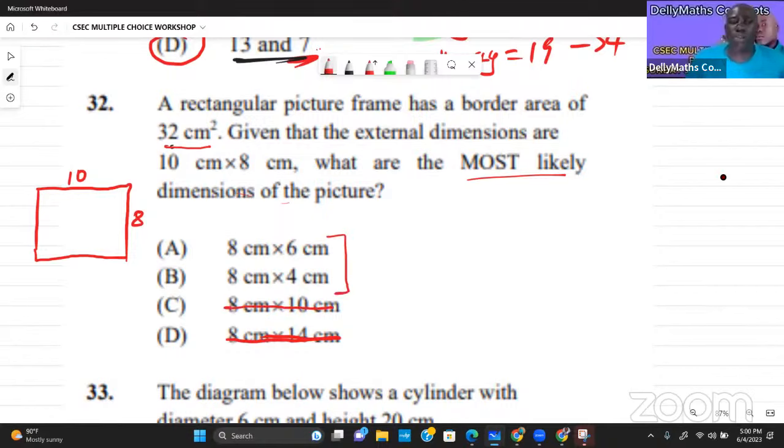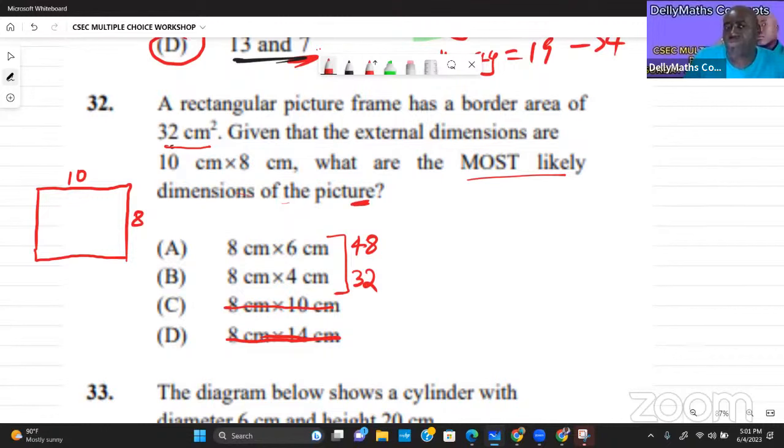Now, if you look carefully, this is an 8 by 6. 8 times 6 is 48, and this is 32. These two that we picked before are way out, right? The pictures will be too big. So what are the most likely dimensions of the picture?